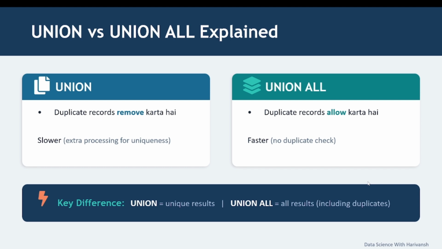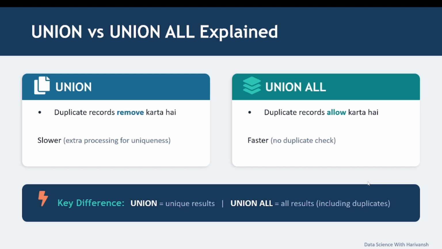To summarize the key difference in the simplest possible terms, union gives you unique results. It merges two result sets and removes all duplicate rows but takes more time to process. Union all gives you all results including duplicates. It merges two result sets without any filtering, making it faster and more lightweight.